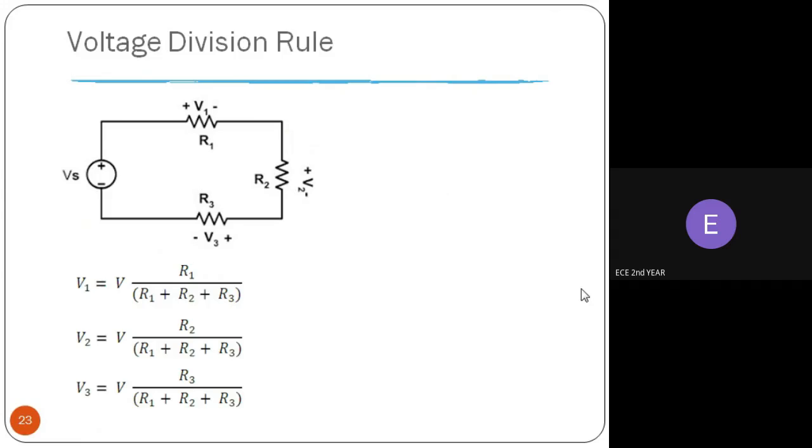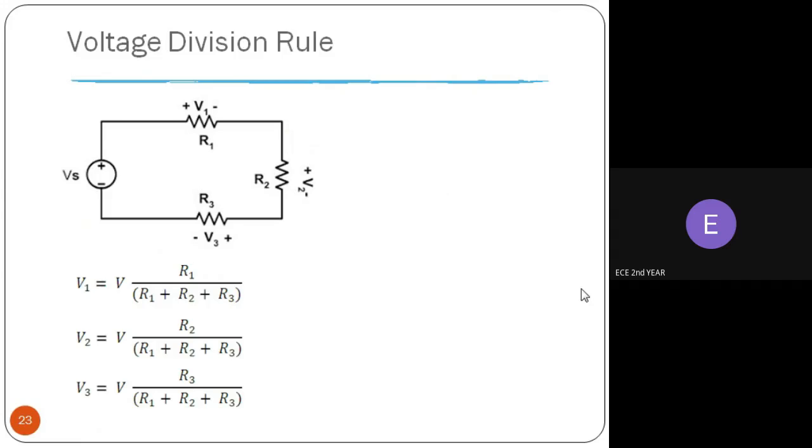The individual voltages can be calculated with the formula: V1 is equal to total voltage V into R1 divided by R1 plus R2 plus R3. V2 is V into R2 divided by R1 plus R2 plus R3, and V3 is V into R3 divided by R1 plus R2 plus R3.